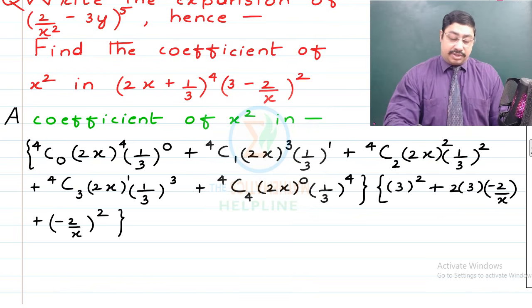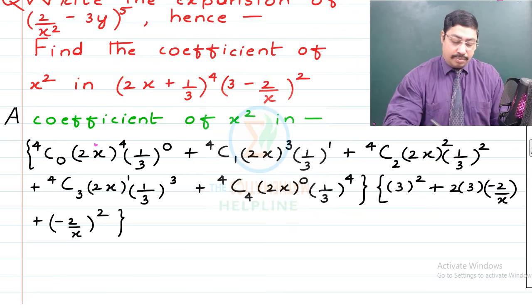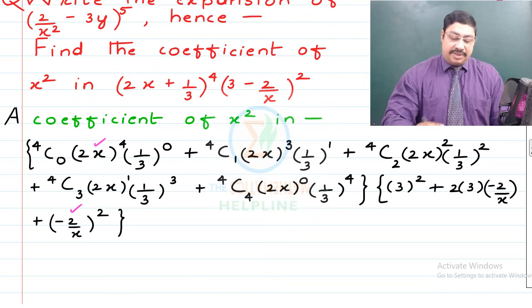If you talk about this term, which is 2x raised to the power 4, when it gets multiplied with a term which actually has x square in the denominator, then this is going to work. So both of these will form a pair, right? That means when you multiply both of these terms, then you will get x square.